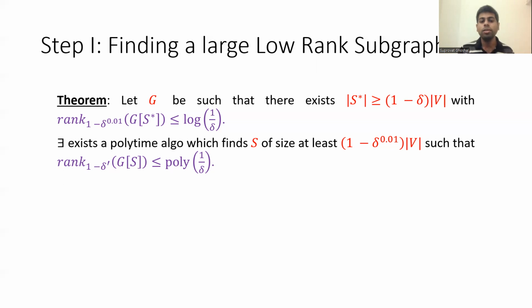There is a loss in the threshold that we can guarantee, as well as the rank associated with the threshold. But both of these are fine because they only affect the running time in polynomial factors.